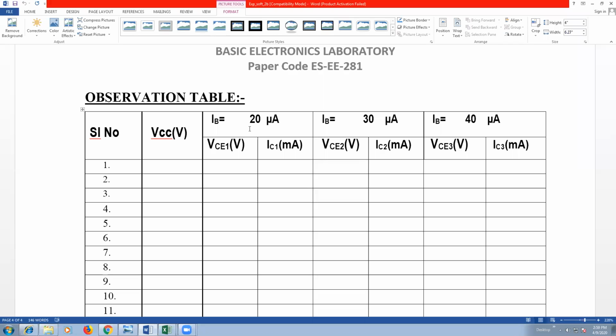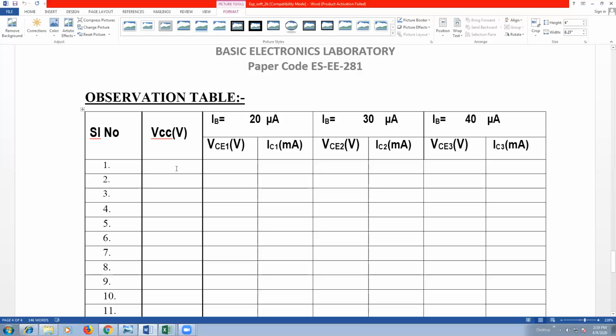So by varying VCC, generally you have to vary in steps of 0.2 volt, from 0 up to, I think it will be sufficient, 5 volt.